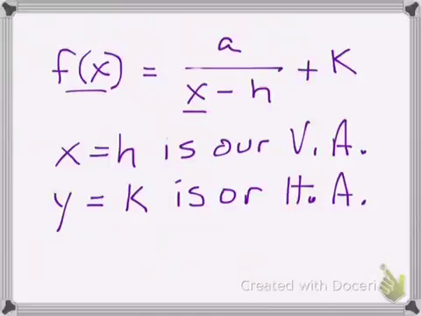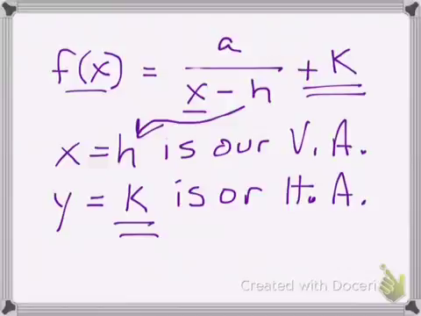Now I want you to notice that from the formula to the solution, h changes signs. You got a negative in your formula, it comes out as a positive, right? K does not change signs. So whatever the sign of this number is the sign of this number. And we saw that in our previous examples, right? So we're changing the sign of h, we're not changing the sign of k.